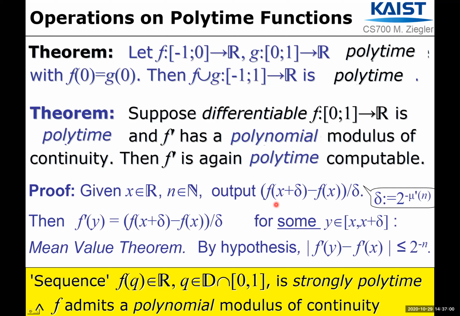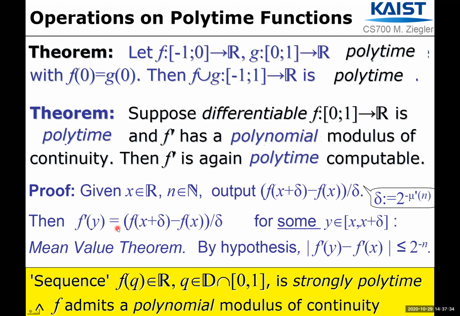Namely, we use a difference quotient in order to approximate the limit, the differential quotient, and how well do we need to approximate, how small do we need to make the delta. That's exactly where the information about the modulus of continuity of the derivative enters. Then if we choose this delta, then we're basically good.